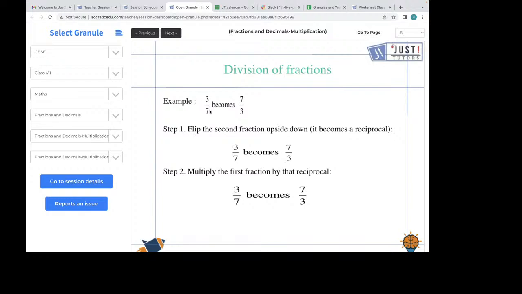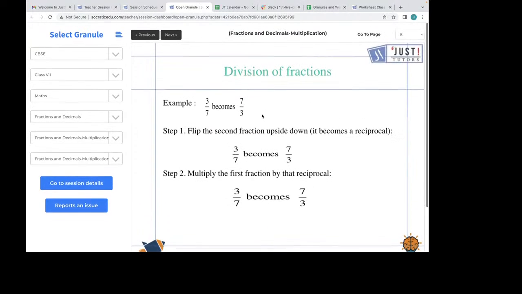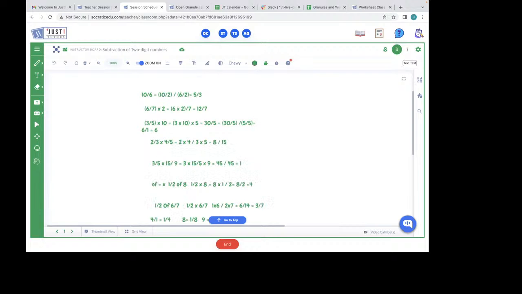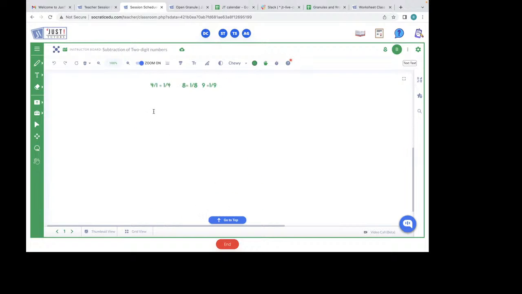So let's say we have, okay, something is wrong with this example. Let me show you here. Here, let's say I have to divide 5/3.